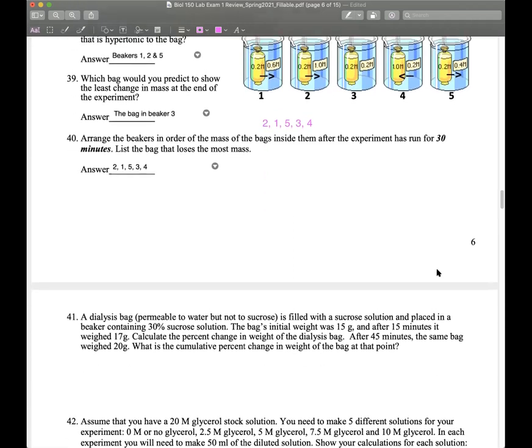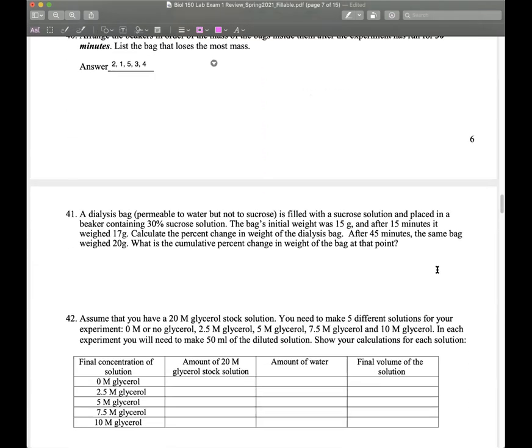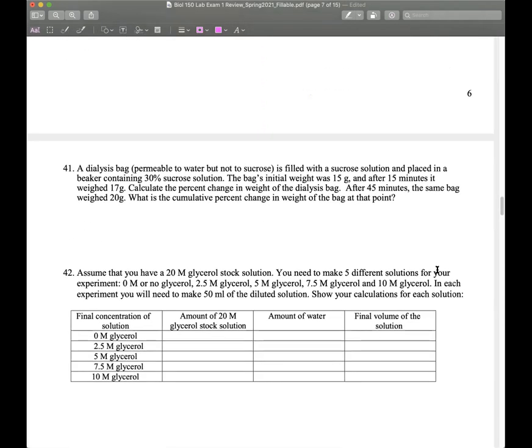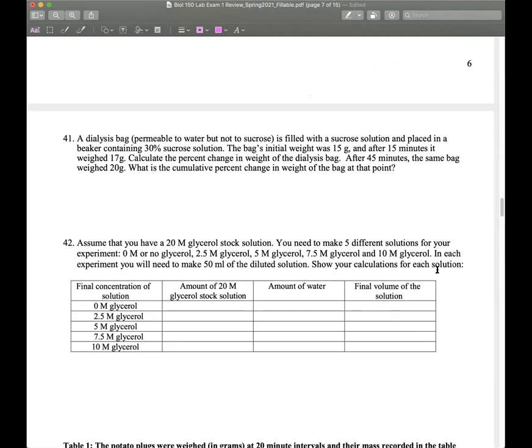All right, so when we move on to the next page, we see an explanation of a similar kind of setup where we have a bag filled with a sucrose solution that's placed in a beaker also containing some kind of sucrose solution. It tells us the bag's initial weight is 15 grams. After 15 minutes, it weighs 17 grams.